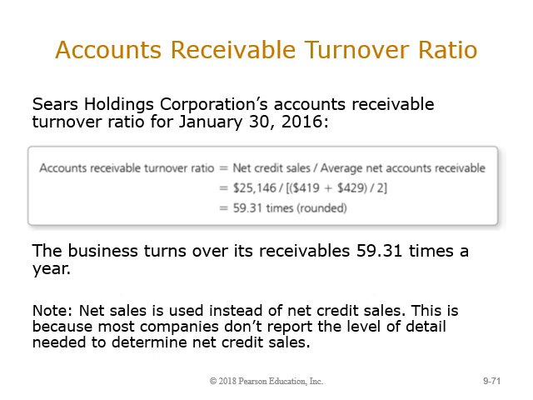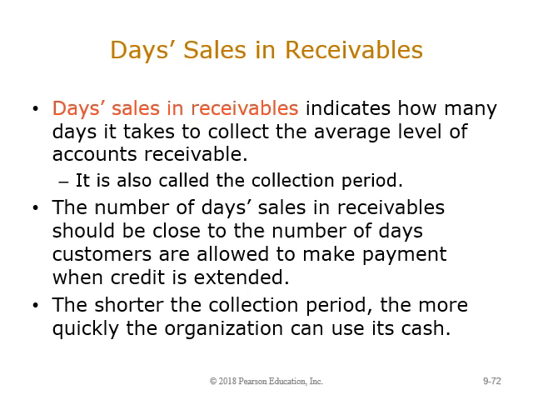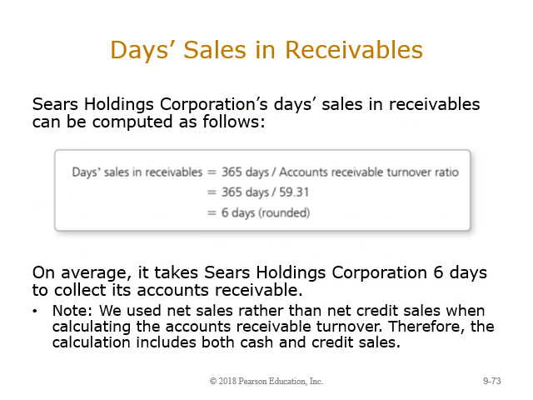Days sales in receivables will indicate how many days it takes to collect the average accounts receivable. So we have somebody who owes us money, how long does it take us to actually collect on that amount? To figure that, we take 365 days and we divide it by our accounts receivable turnover ratio, which we just found previously.